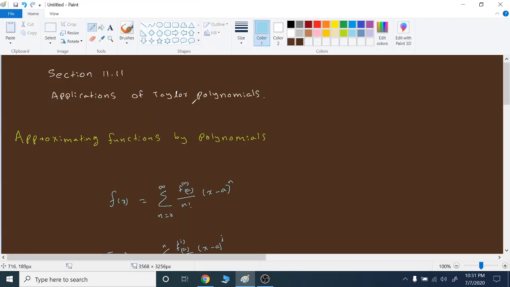Okay, now we are going to learn some more applications on the approximation theories related with the Taylor polynomials. Before coming into this section, you should have a good idea about the things that we did in the previous section.